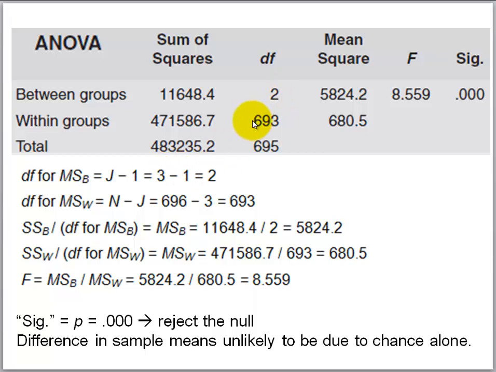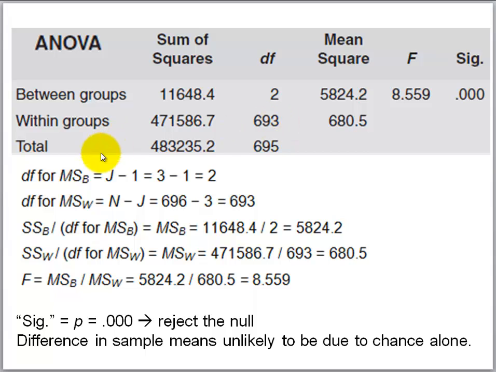Where do the 693 degrees of freedom come from for the mean square within? We have a sample size of 696. We have 3 groups, so 696 minus 3 gives us our 693 degrees of freedom connected with the mean square within.